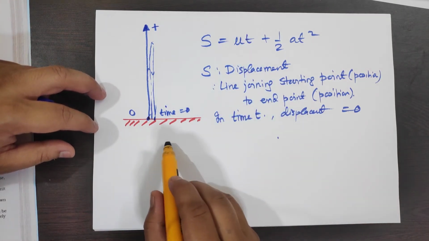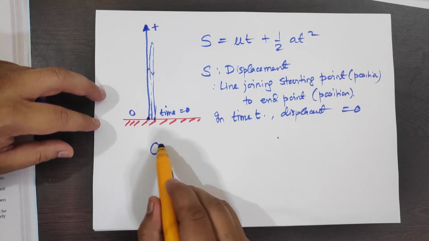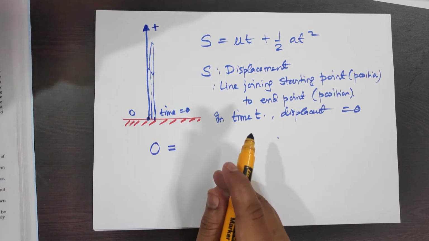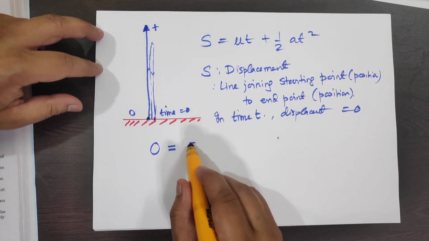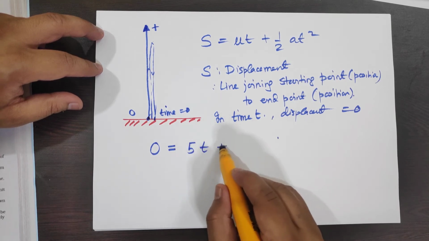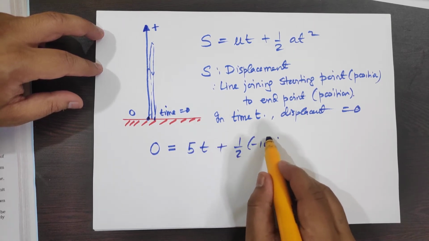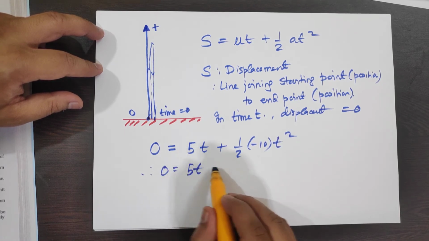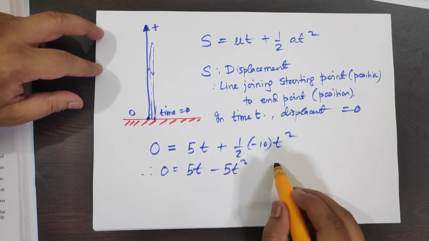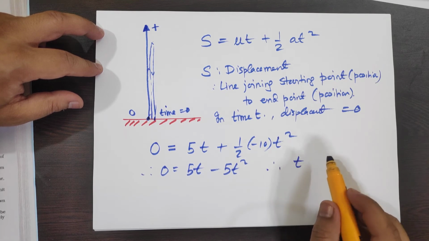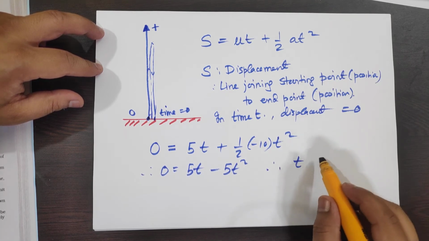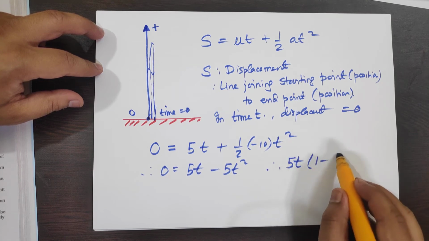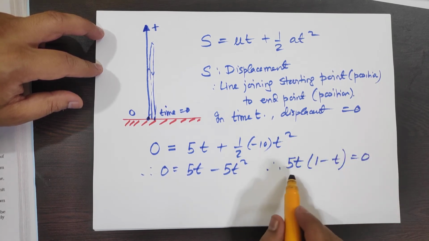So here you can put 0 equal to u which was plus 5, t plus half is minus 10 times t square. Therefore 0 equal to 5t minus 5t square, implies you have this 5t common into 1 minus t is equal to 0.